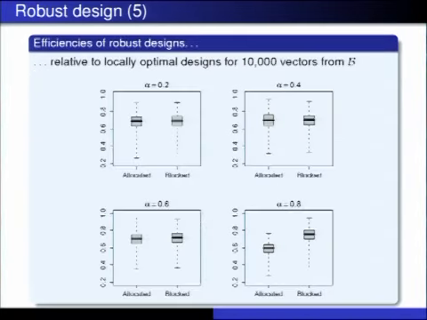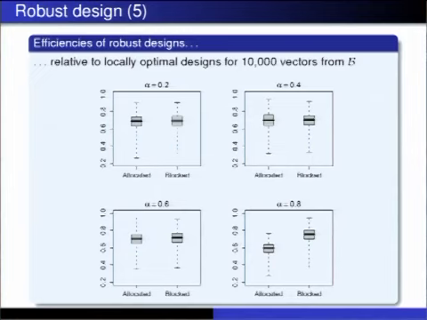So what we can look at then is we've done this for alpha, our working correlation, of 0.2, 0.4, 0.6, and 0.8. And here we've got bar charts now. Bar charts? Yeah. Showing us, not bar charts, box and whisker charts, thank you. Showing us our efficiencies across these 10,000 vectors.